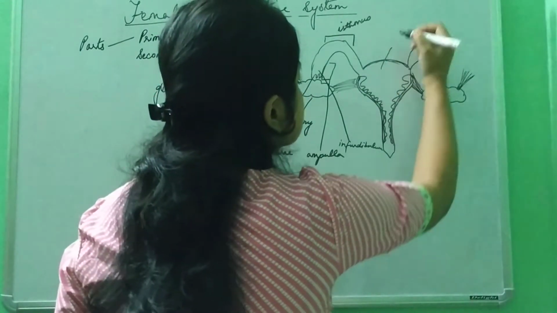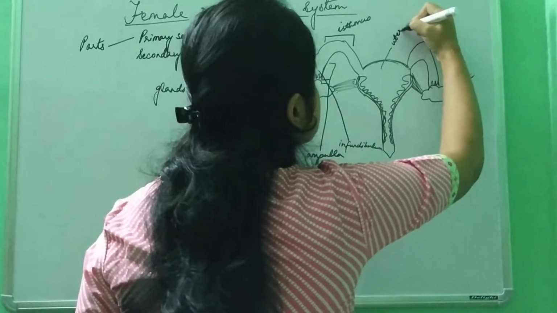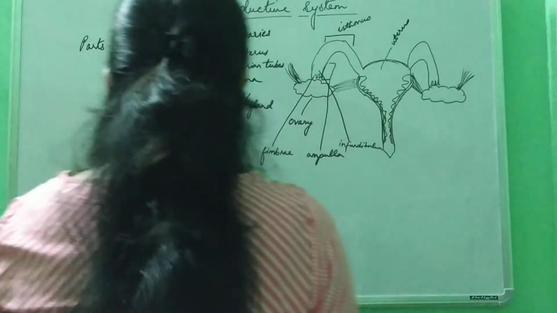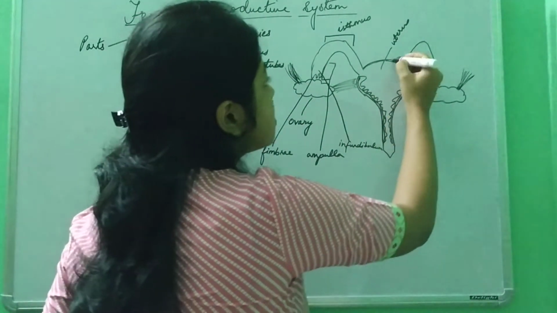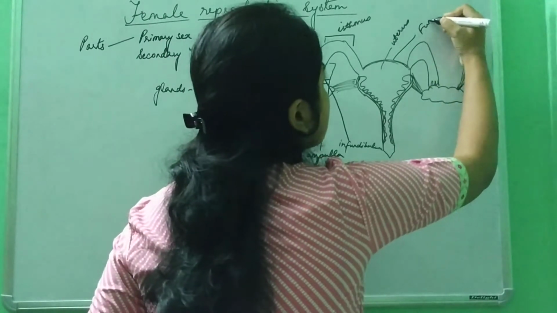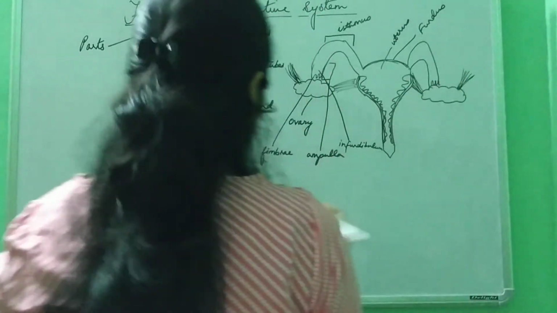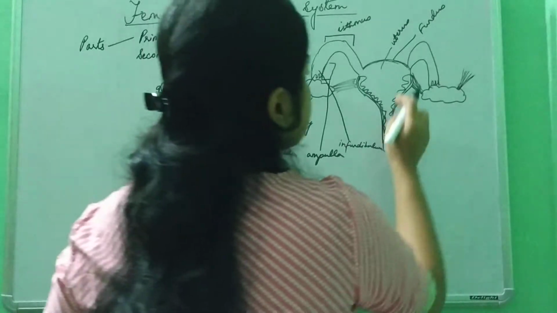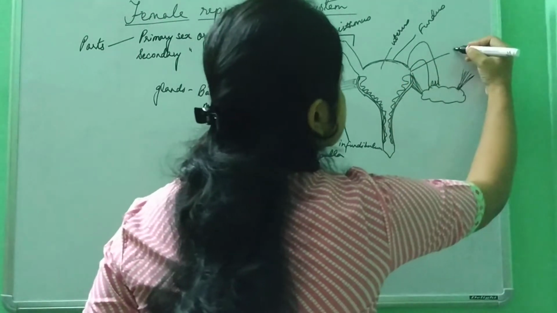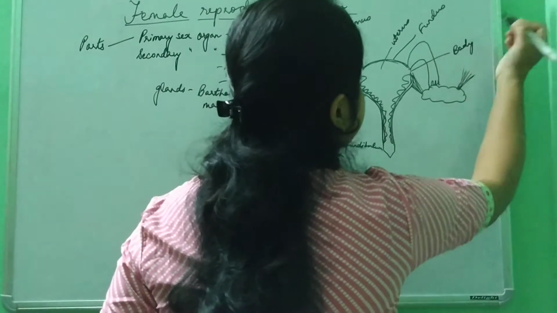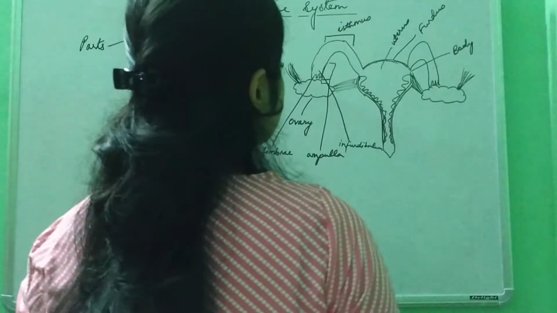Mark this, this is the uterus. Then this upper part of the uterus is known as the fundus, and this middle part is the body. Okay.